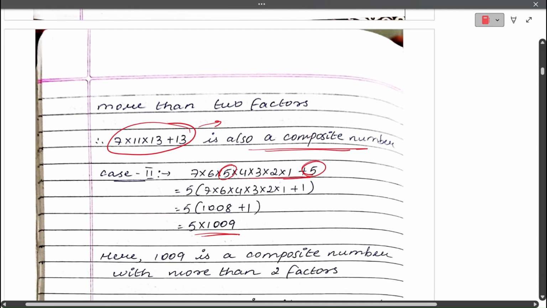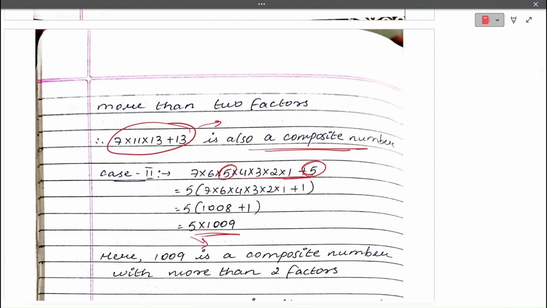Okay, well, it's a composite number. Whether 5 is a prime number, 1009 is a composite or a prime number, we need not check. But when it is multiplied, prime into prime is a composite, right? Prime into composite is a composite. Composite into composite is composite.